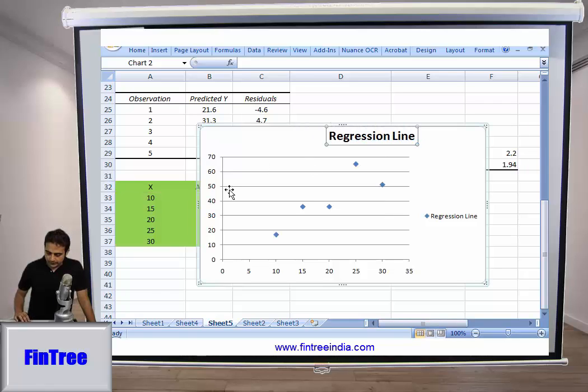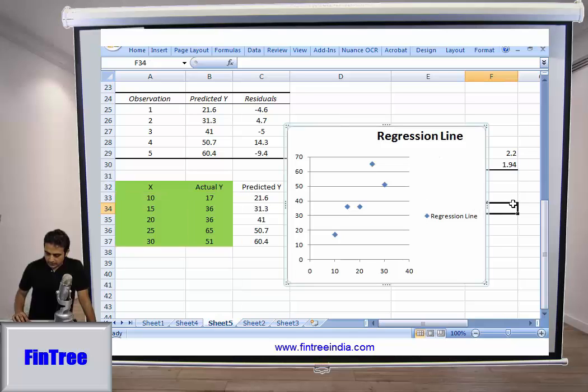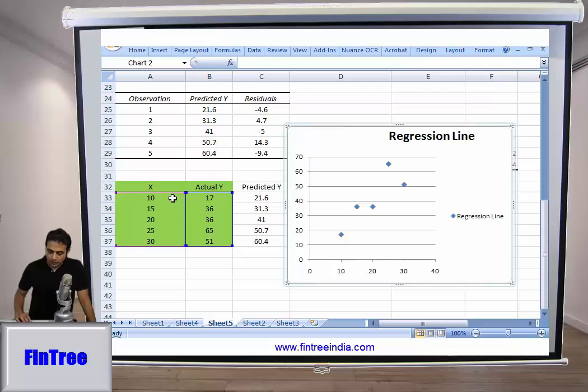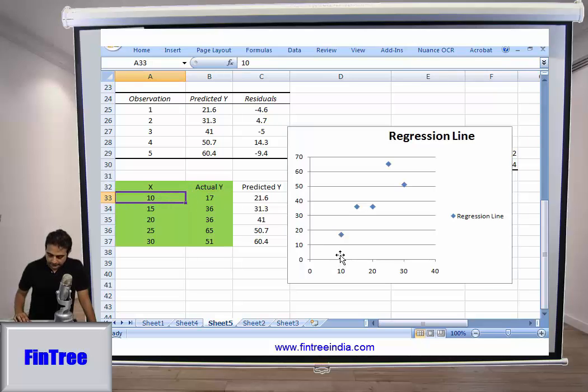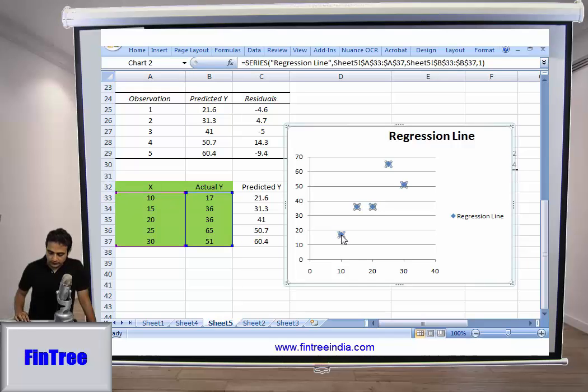Now let me keep this graph somewhere here. Observe carefully. When x was 10, what was the value of y? 17. So this is that point, the coordinate of 10 and 17. Then when x was 15, so we are somewhere here, y was how much? 36. So which is here, 15 and 36, and so on and so forth.